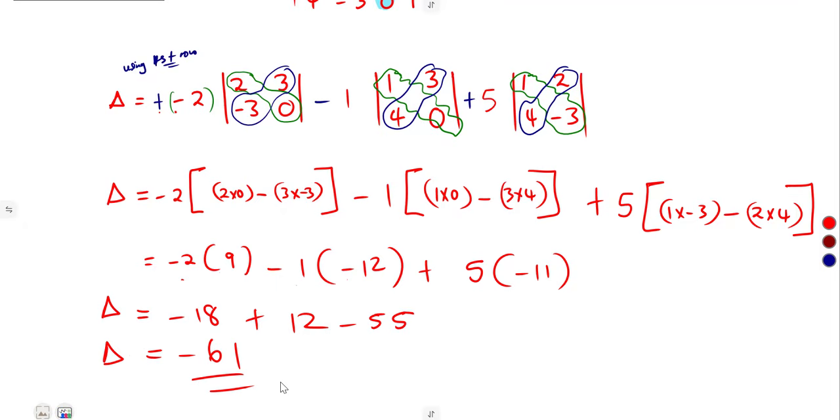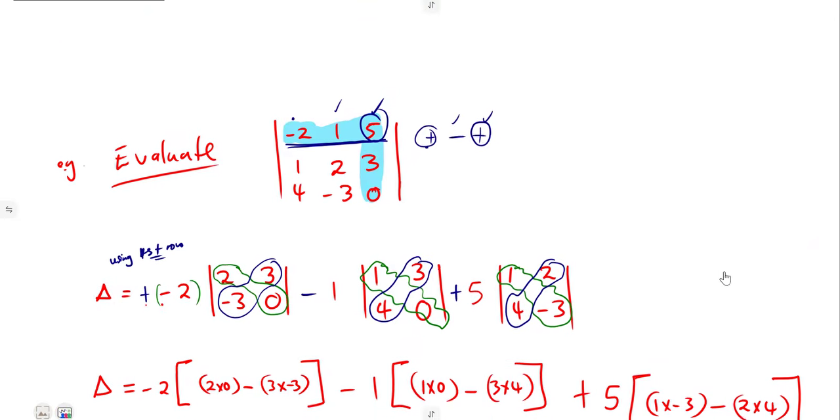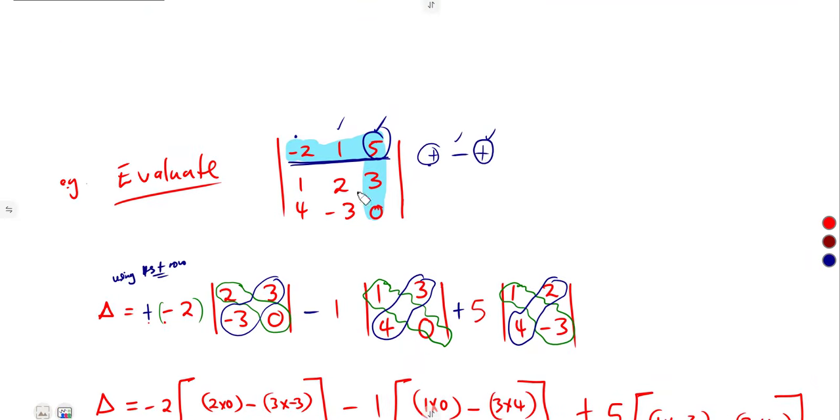So we obtained this by expanding using the first row. Use any, prove that by yourself. Try to use the second row. Try to expand using the third row, using the same concept, but do not forget the signs.